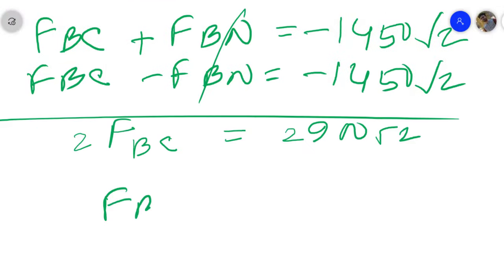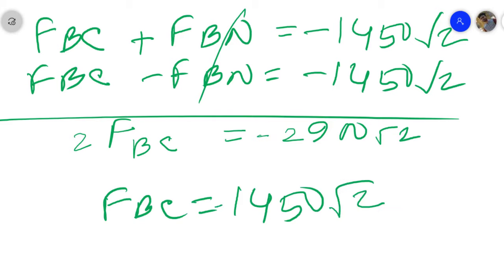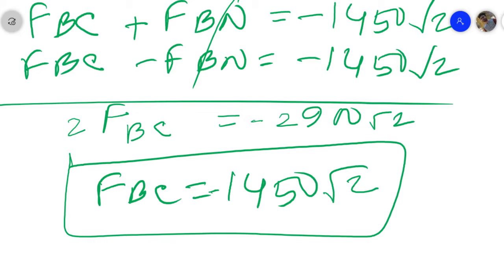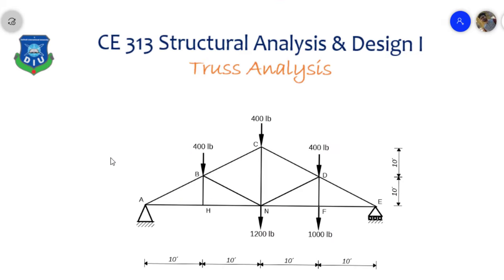So FBC is equal to minus 1450. Sorry, I forgot the minus sign. So this is FBC. And what about FBN? If you put the value here, you will get FBN as 0. So now we have found out the magnitude of FAB, FAN, BN, and BC. So 1, 2, 3, 4, 5, 6. We have solved a total of 6 members.